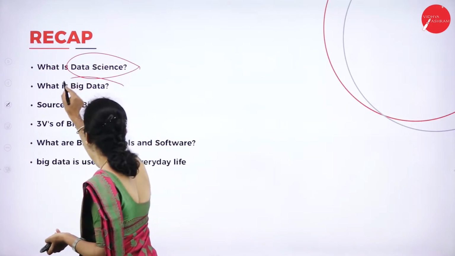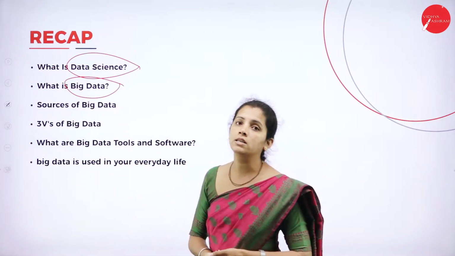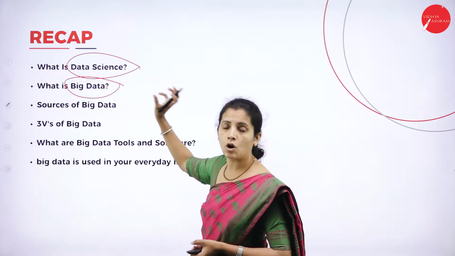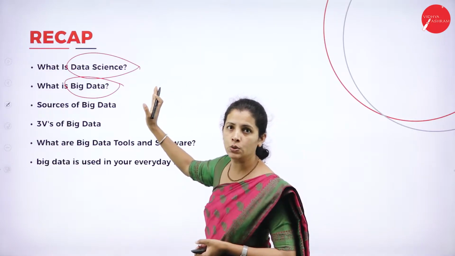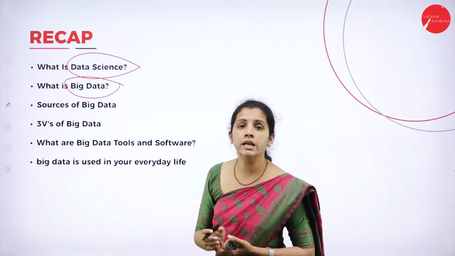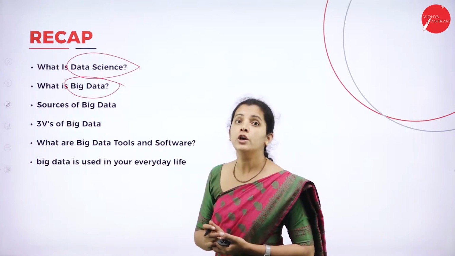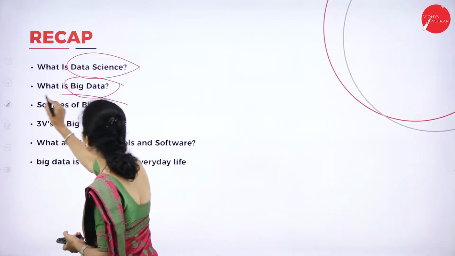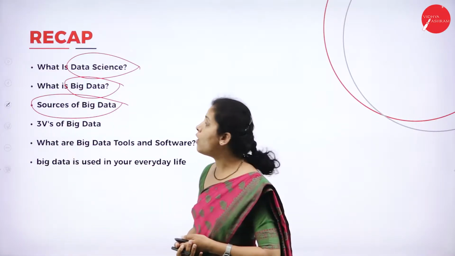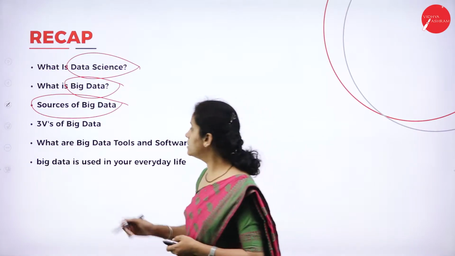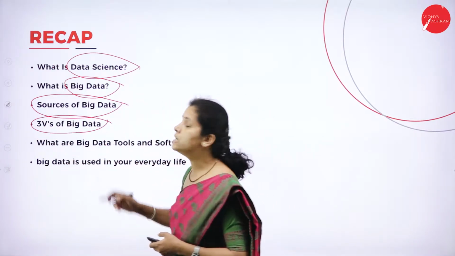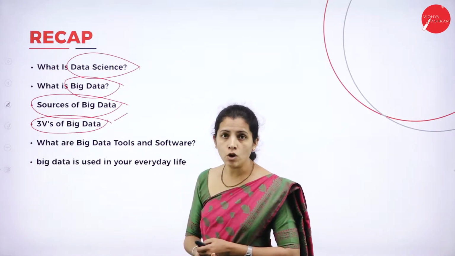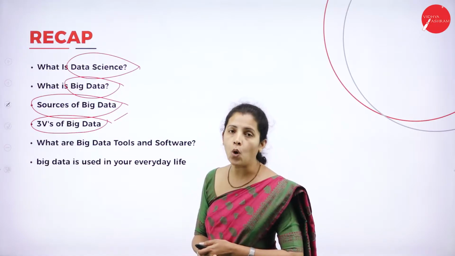Then I have discussed big data. So what is this big data? The size of the data is large or huge or massive, and it is measured in terms of petabyte or yottabyte or zettabyte. Along with that, I have discussed the different sources of big data, the characteristics of big data, that is nothing but 3V: velocity, variety as well as volume.